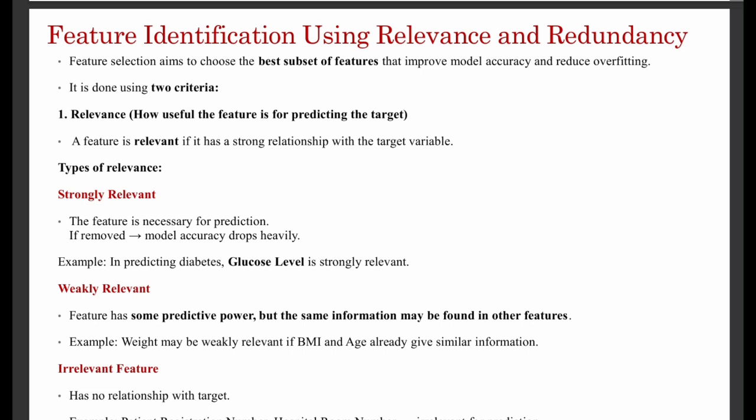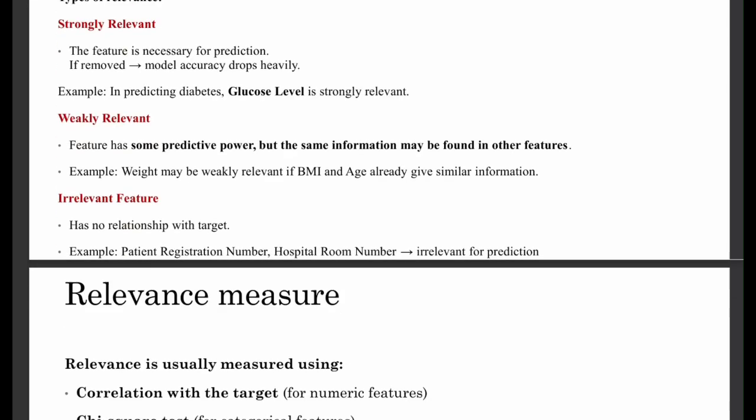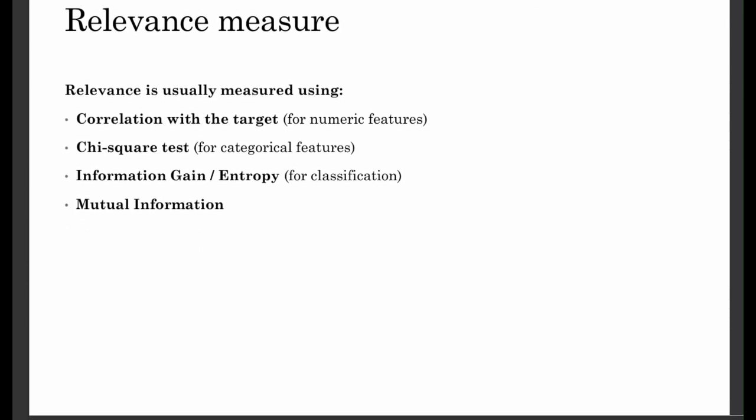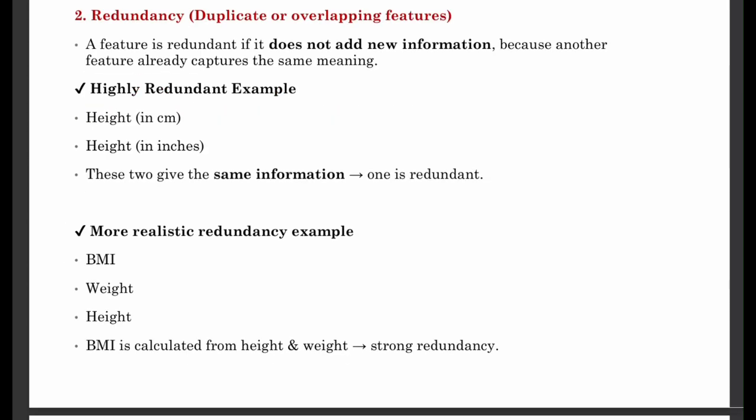Redundancy. Is this feature just duplicating information already captured elsewhere? A feature is redundant if another feature already captures the same information. Example: height in centimeters, height in inches.